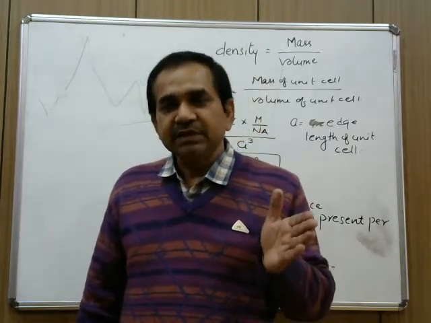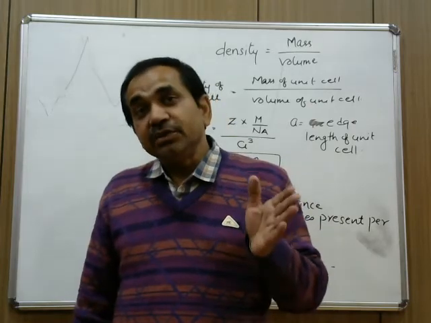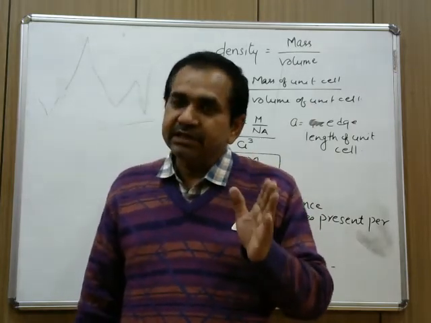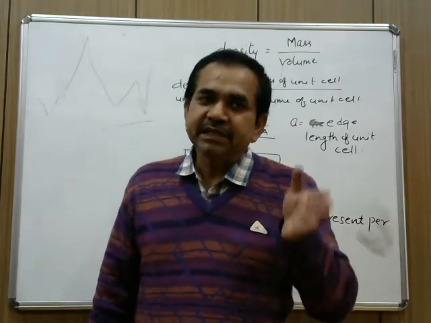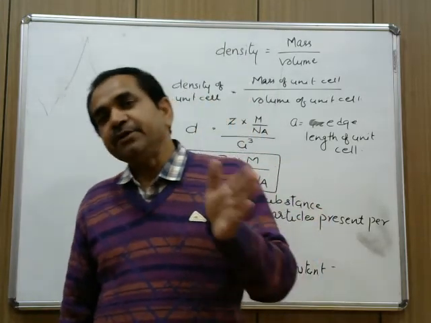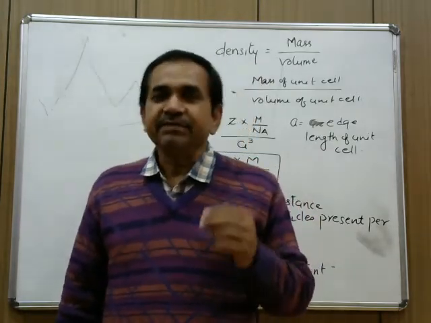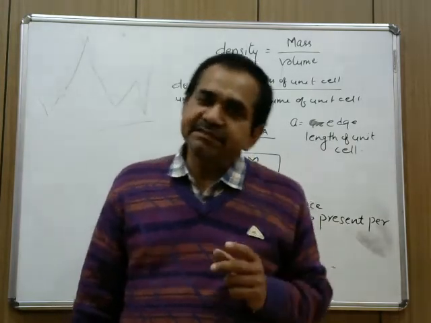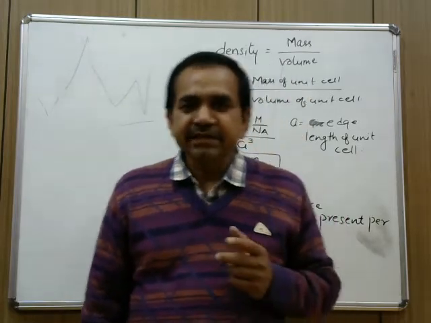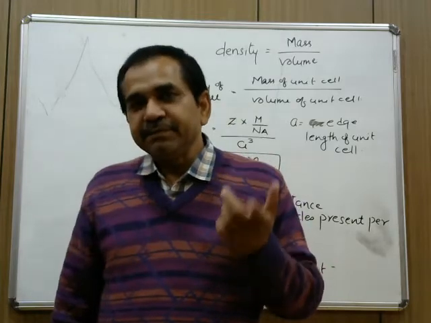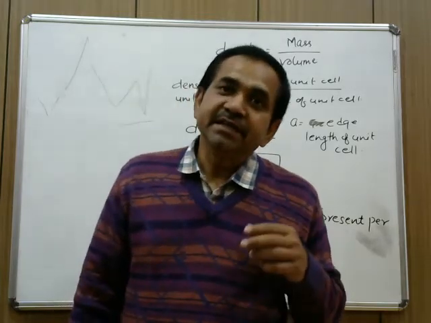Then we have to calculate the total volume of spheres, and to calculate it, the number of spheres is multiplied by 4 by 3 pi r cube, and finally the volume of spheres is divided by the volume of unit cell to get the fraction, and is multiplied with 100 to get efficiency.